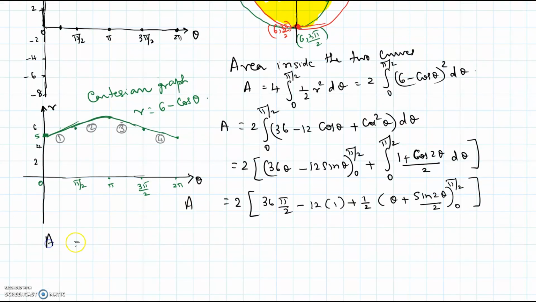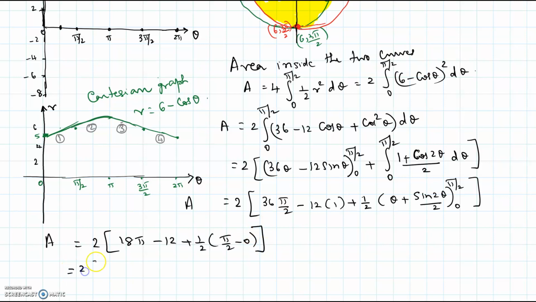So area equal to 2 times, this will be 18 pi minus 12. Then you have half outside. Now you plug in the upper limit, which is pi by 2 plus sine of 2 times pi by 2. That will be sine pi, which is 0. At the lower limit, it's all 0. So it's going to be just pi by 2 minus 0 at the lower limit.